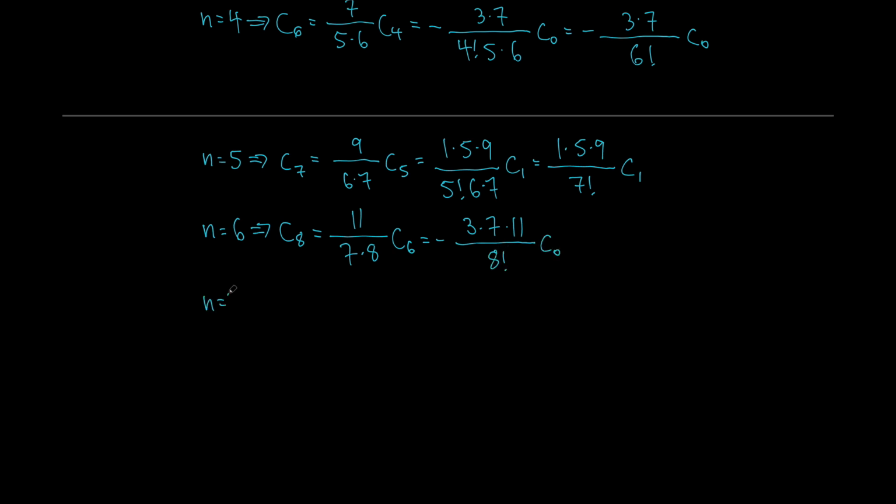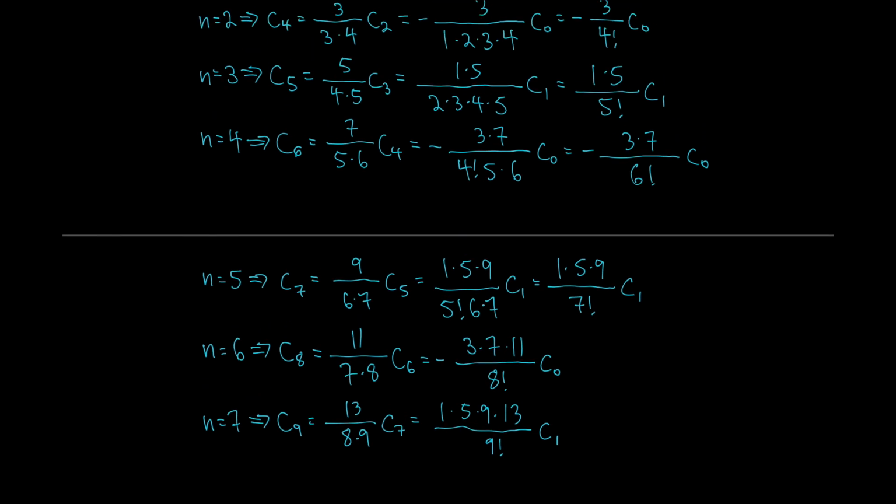Then n equals 7 gives us C9 equal to 13 over 8 times 9 times C7, which is 1 times 5 times 9 times 13 over 9 factorial times C1.